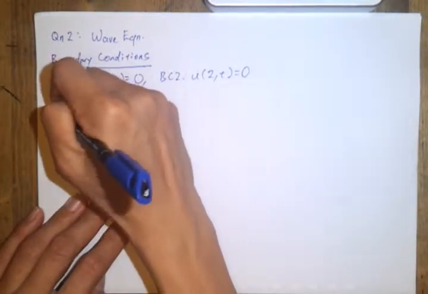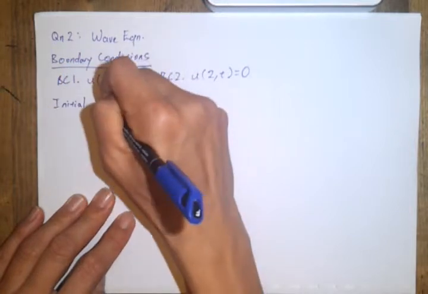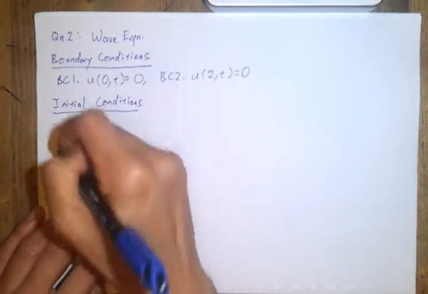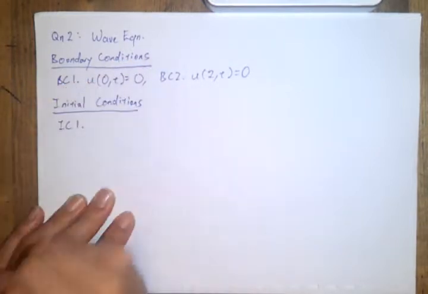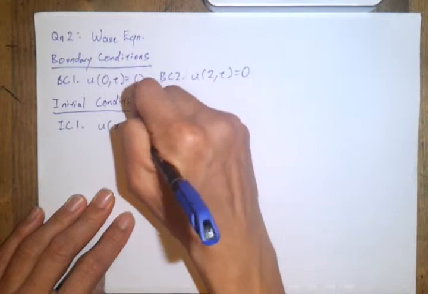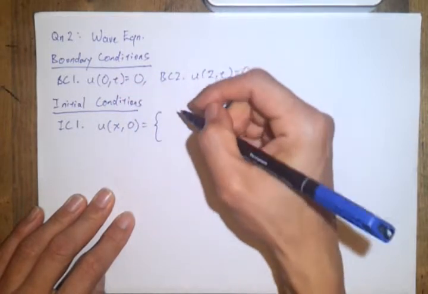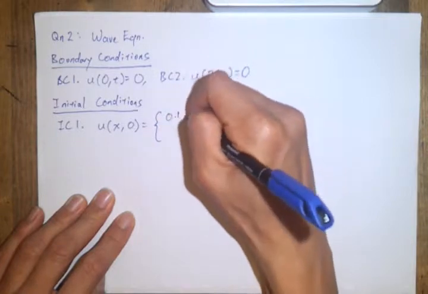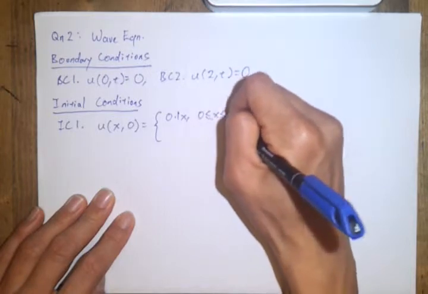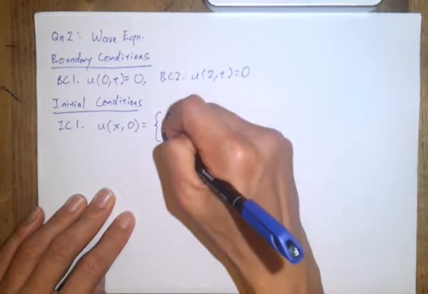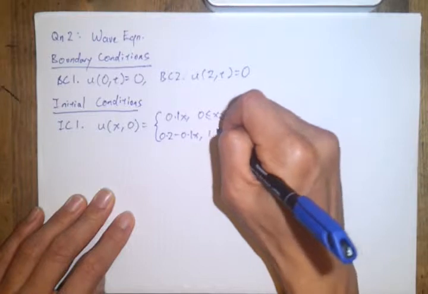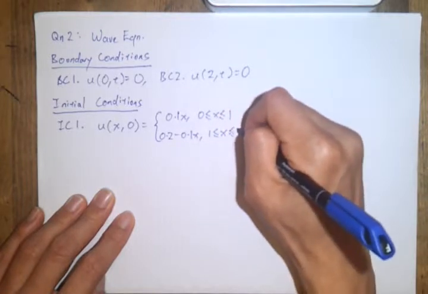You're also given initial conditions. The first initial condition tells you that at time equals 0, u is equal to 0.1x for x between 0 and 1, and u at time equals 0 is 0.2 minus 0.1x for x between 1 and 2.